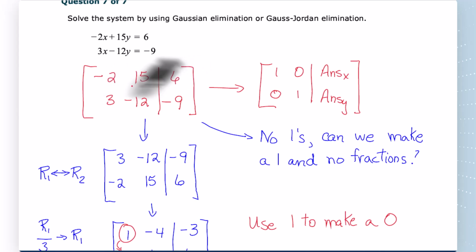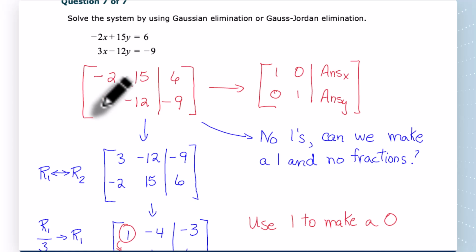Well, I'm looking at this thing and I don't have a 1. I need a 1 in that top position. Now you could divide this row by minus 2, but then I'm going to make an ugly fraction. So I probably don't want to do that.